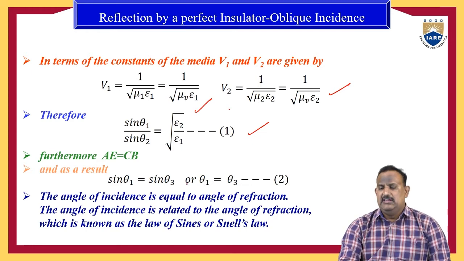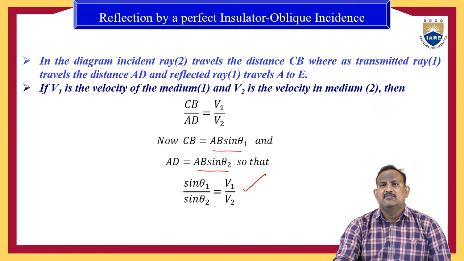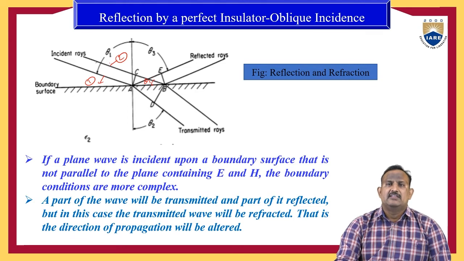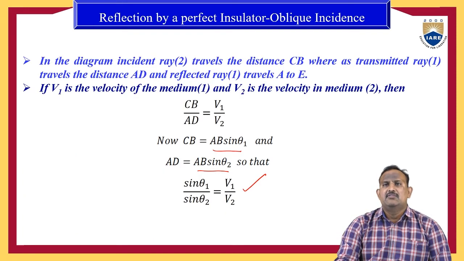Furthermore, we can assume that AE is equal to CB. What are AE and CB? Please observe the diagram. AE is the reflected wave distance and CB is the incident wave distance, so from the figure the reflected wave distance is equal to the incident wave distance.